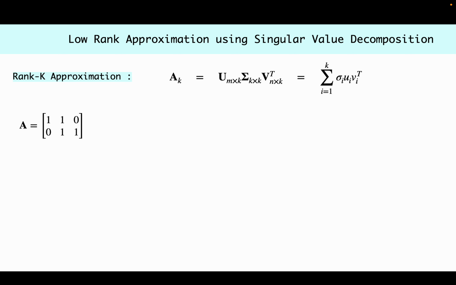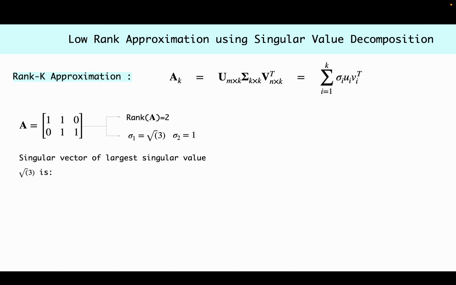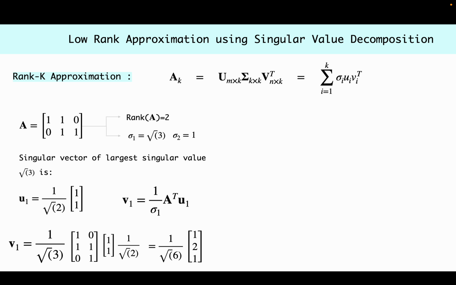Let us now see one example for computing the rank k approximation of a matrix. Let's take this matrix A, which is of rank 2, and the singular values are root 3 and 1. If you compute the singular vectors for the largest singular value, which is root 3, we get U1 and V1 as follows.